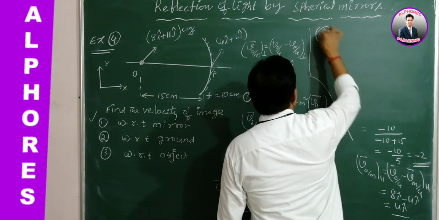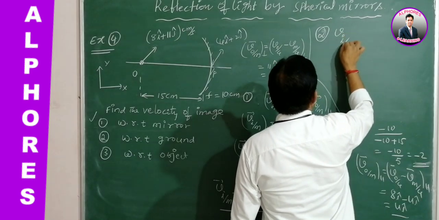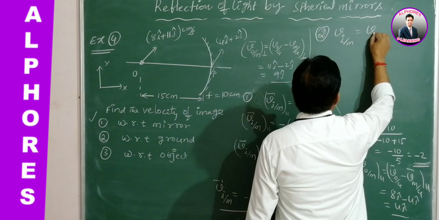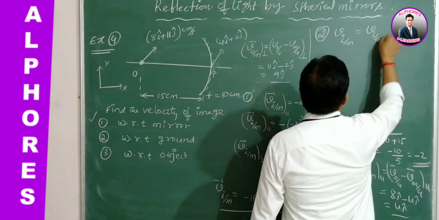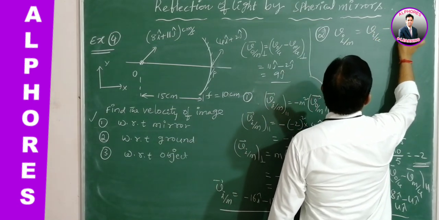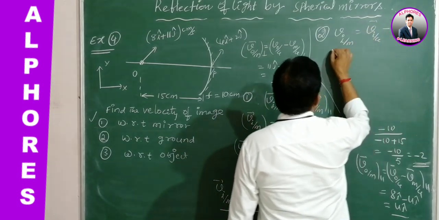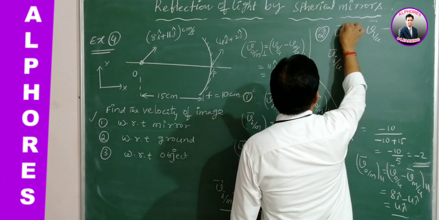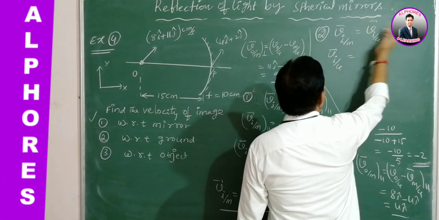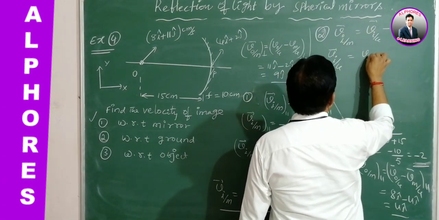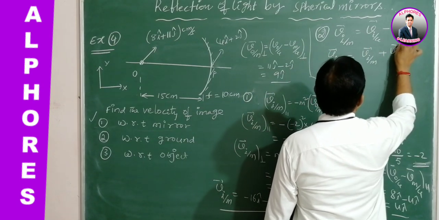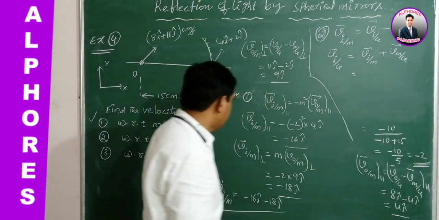Question number 2. Velocity of image with respect to mirror equals velocity of image with ground minus velocity of mirror with ground. Okay. So velocity of image with ground, we need this one. Take this term to this side: velocity of image with mirror plus velocity of mirror with ground. Substitute the values.